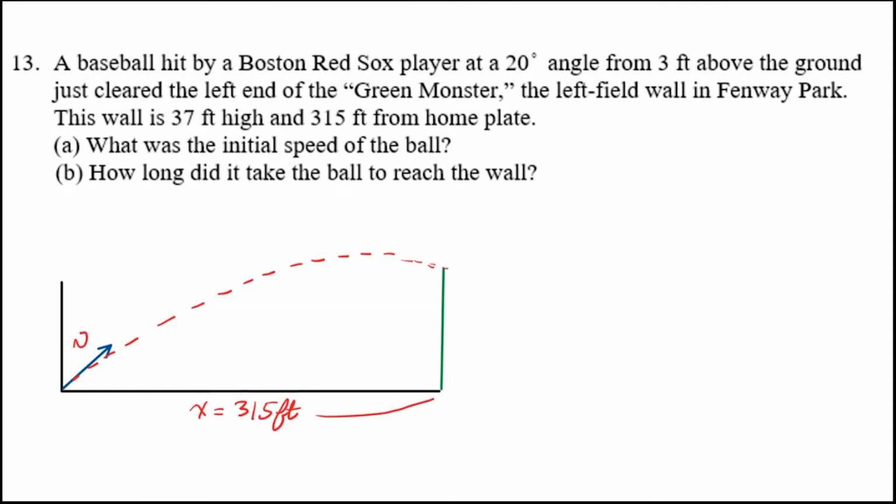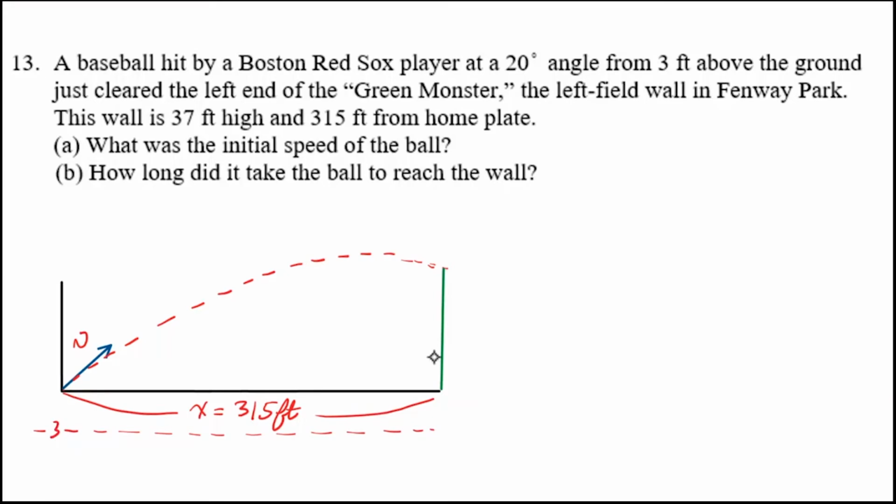Now the fence, how high is the Green Monster? That says 37. However, we cannot put the entire 37 because the ground is down here. You know what I'm saying?